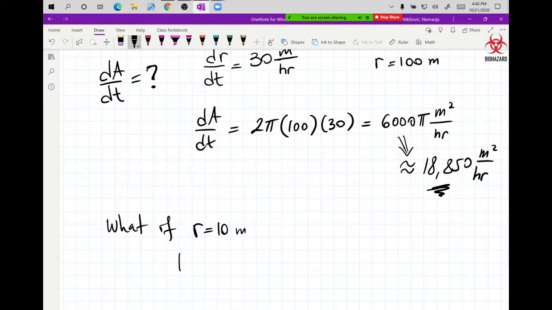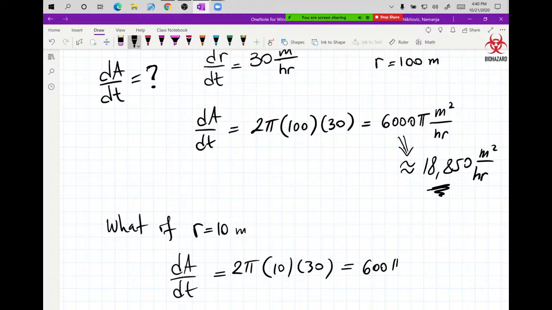But what was the dA/dt? It's 2 pi, and now it's 10, and then it's 30, and then now it works out to be 600 pi meters squared per hour. Come on, pen. Hour. There we go.